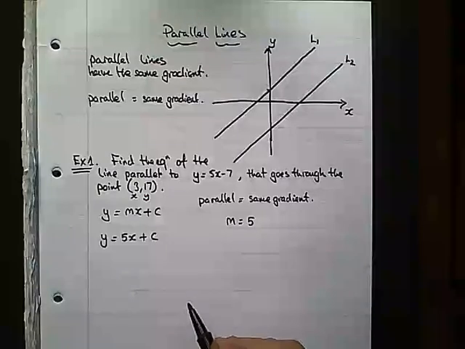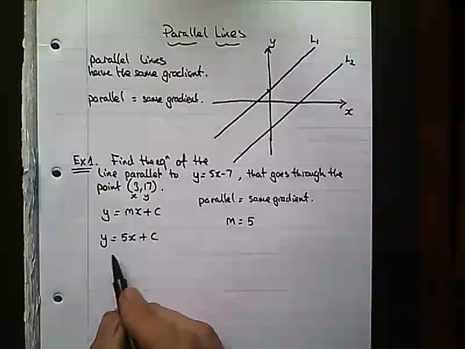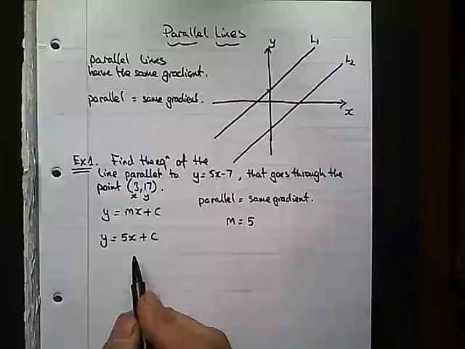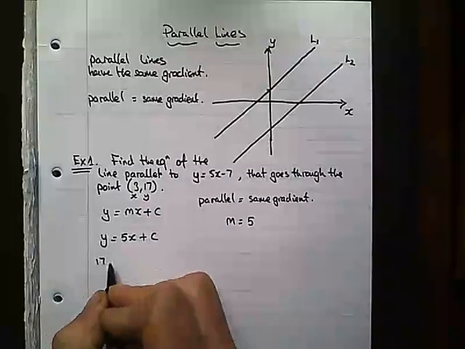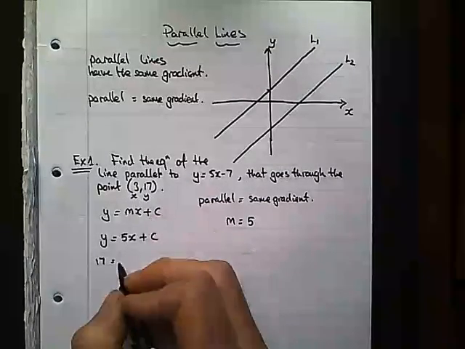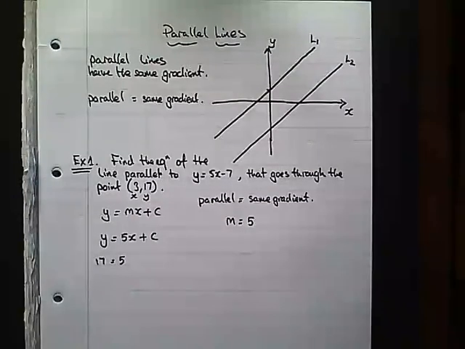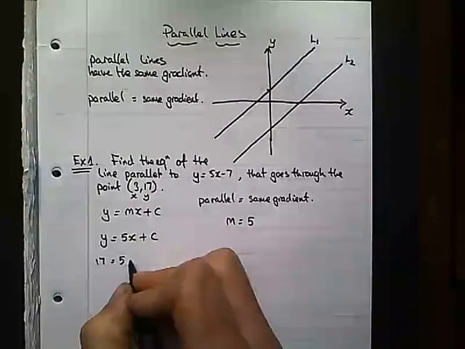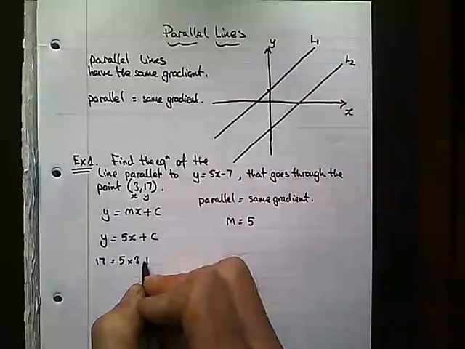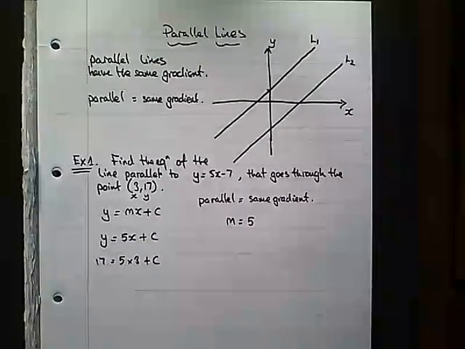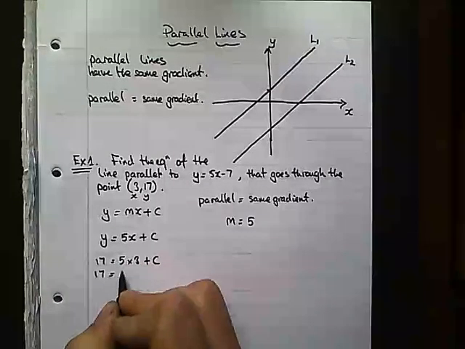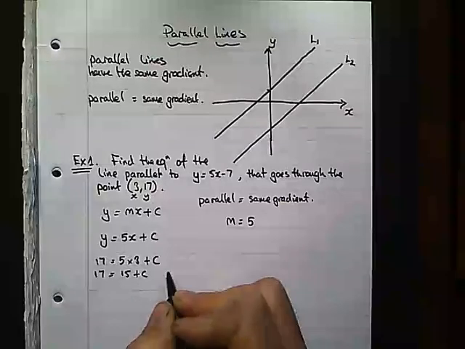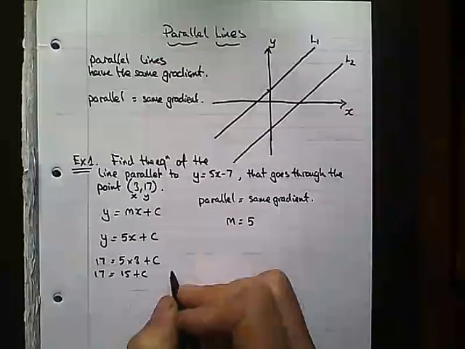So if we substitute these 2 values into our equation, we should be able to solve it and find the c value. So y is 17, x is 3, so that's 5 times 3 plus c. So 17 equals 15 plus c. Then to find out what c is, we take away 15 from both sides.